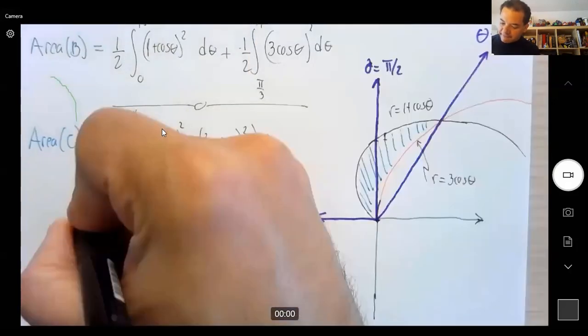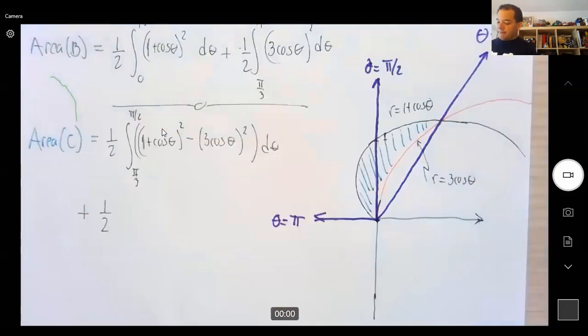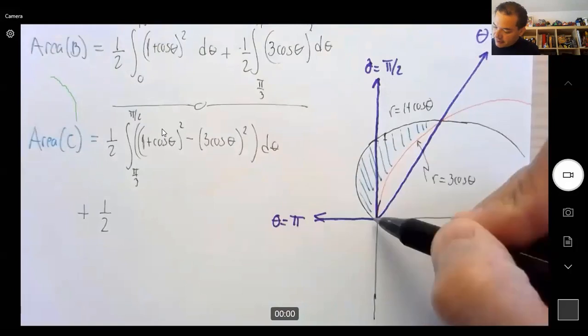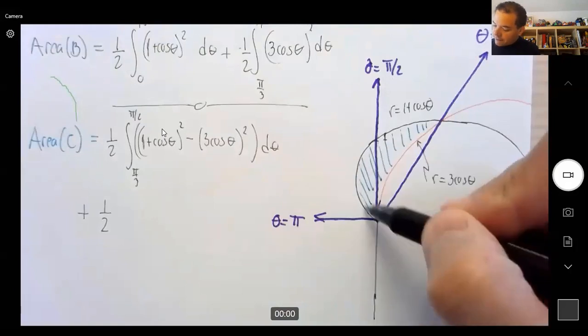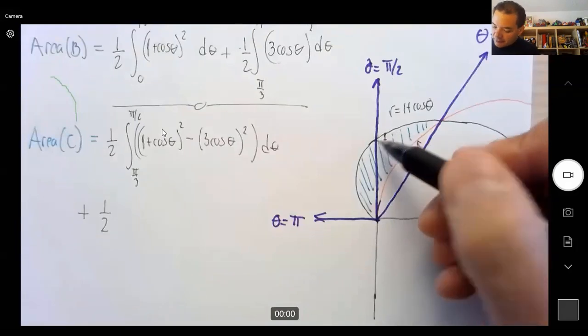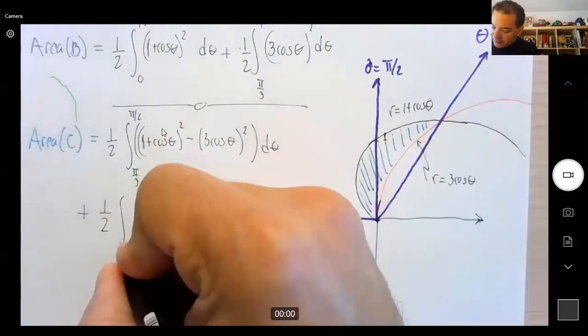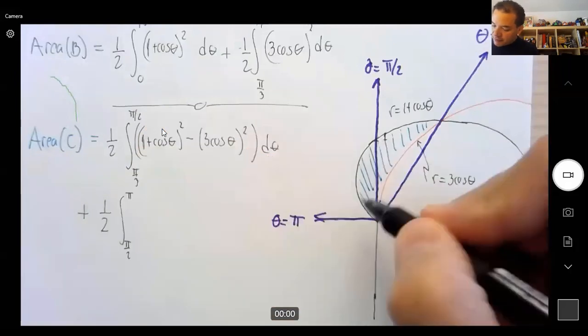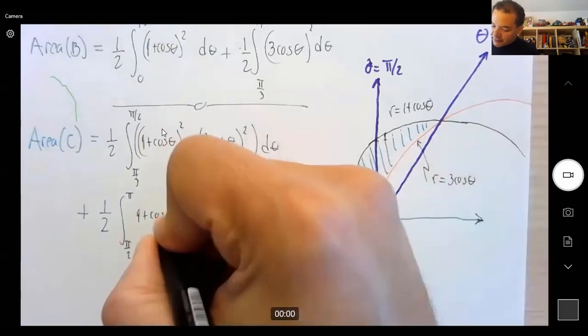Plus, now this little part of the cardioid where the circle is not involved, and that happens when we integrate from pi over 2 to pi. And it's only the cardioid, so it's only 1 plus cosine theta squared.